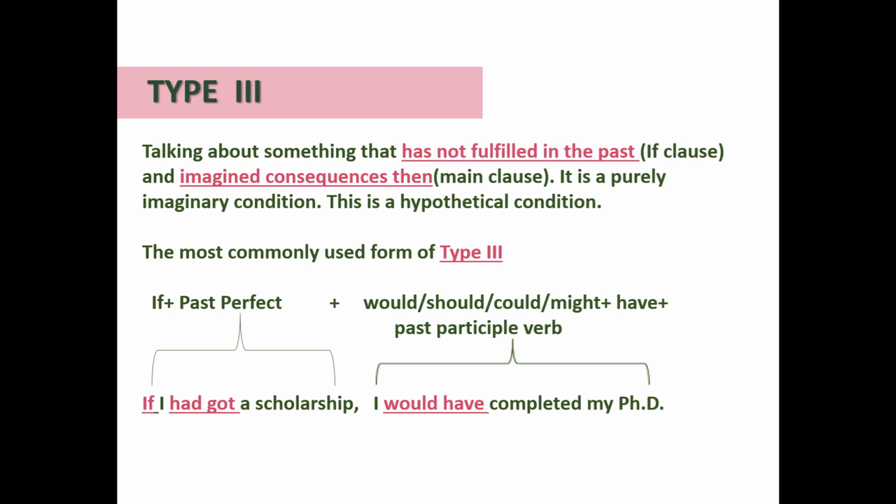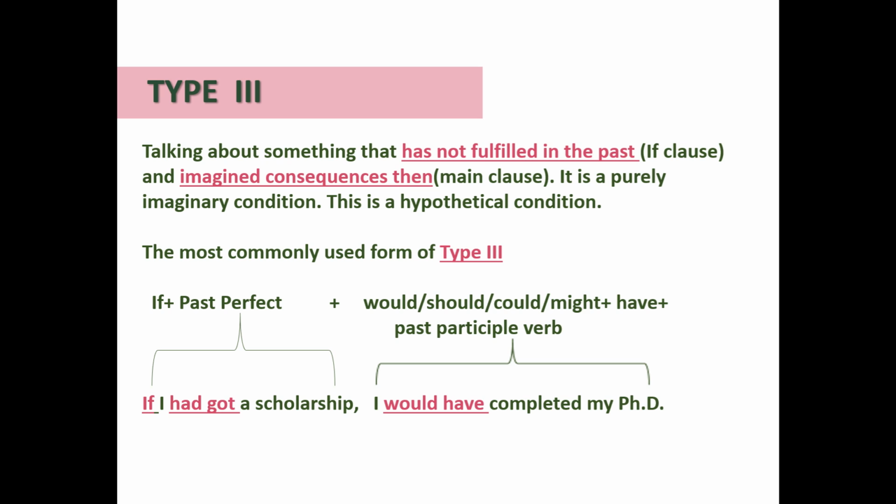Now example: if I had got a scholarship, I would have completed my PhD. Now the person has not, I mean I have not completed my PhD, but I'm talking about the past, that if I had got a scholarship. This particular situation has not been fulfilled. So I'm saying that if I had got a scholarship, I would have completed my PhD.